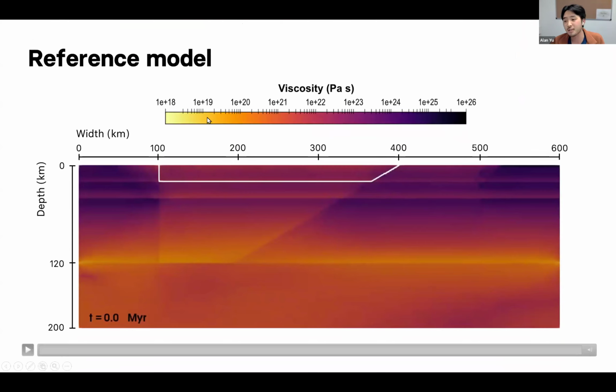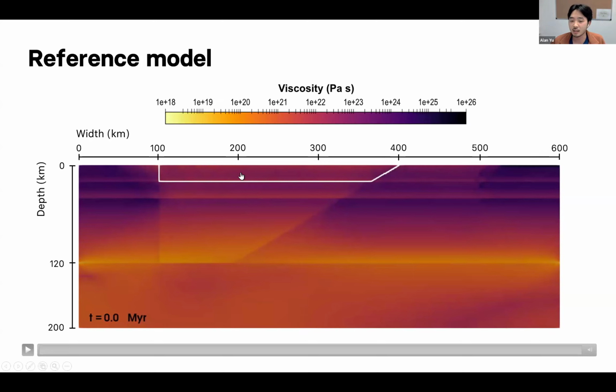So I'll explain this movie a bit for the newcomers of ASPECT. This is a viscosity plot showing only the top 200 kilometers of the continental lithosphere. So this part is the continental lithosphere, and whatever is below is asthenosphere. We have an outline that's tracing the upper crust of the upper plate margin.